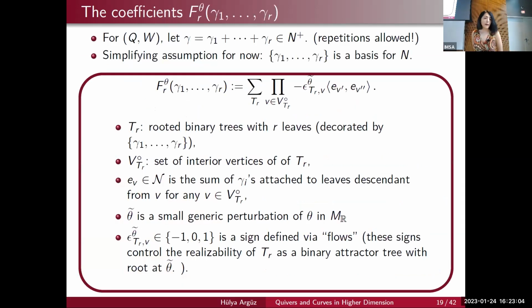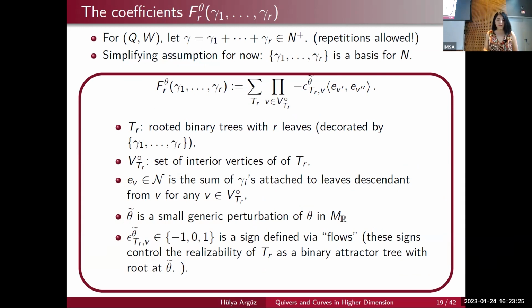So I will tell you a little bit about the coefficients F_r theta. If you fix a quiver with potential and I fix my dimension vector gamma, I decompose it as a sum of gamma 1 to gamma r. And generally repetitions are allowed.